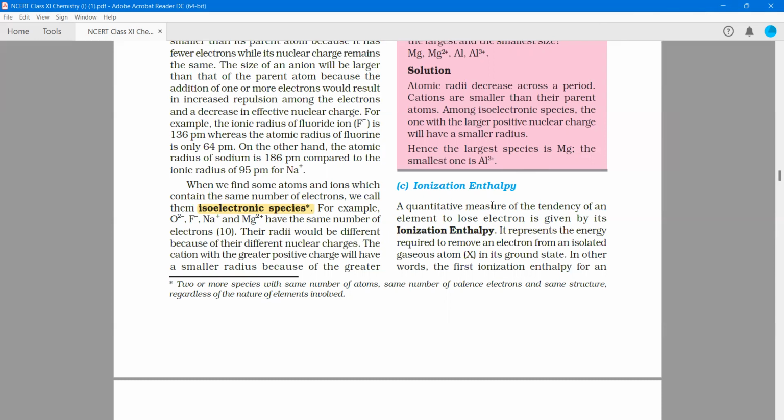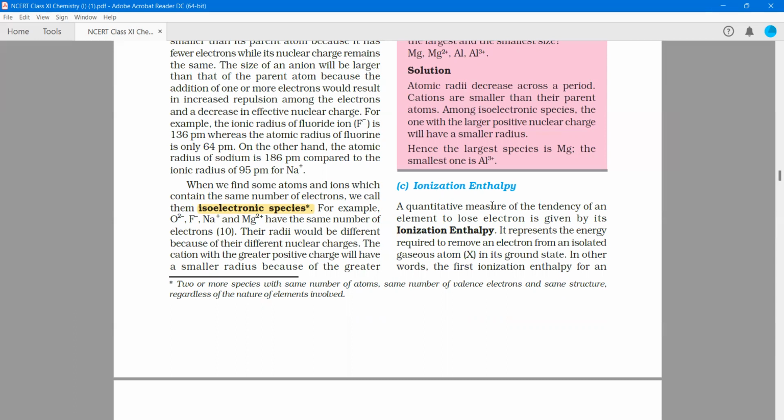When the radius increases, there is more distance between the nucleus and the outermost electron that needs to be knocked out, and that is why the ionization energy decreases. You need less energy to remove that electron, because the outermost electron is not that strongly held by the nucleus.